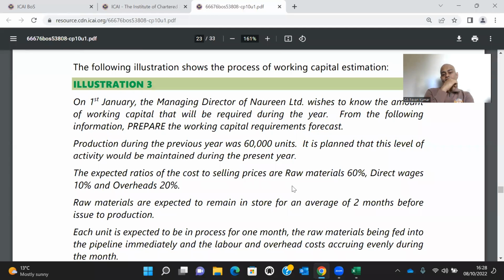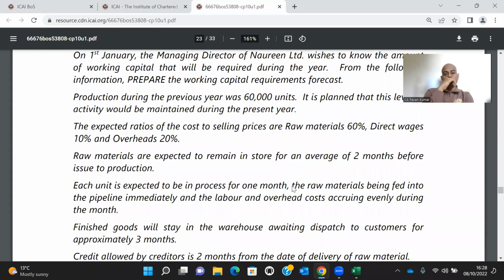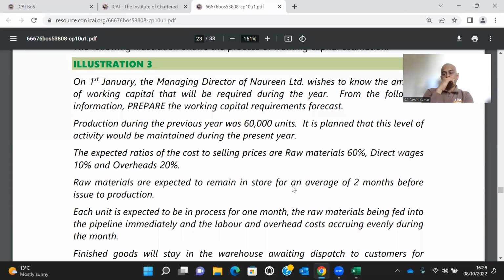Production during the previous year was 60,000 units. It is planned that this level of activity would be maintained during the present year. The expected ratios of the cost to selling prices are raw material 60%, direct wages 10%, and overhead 20%.